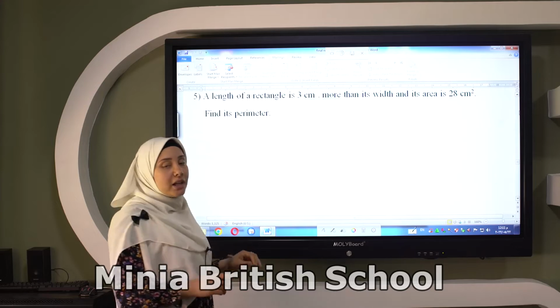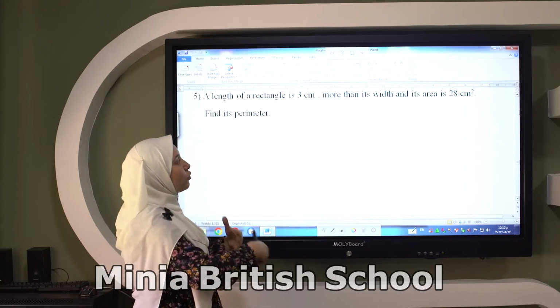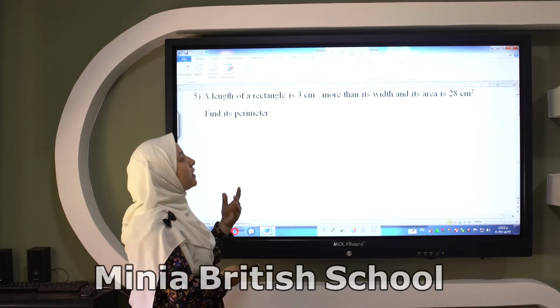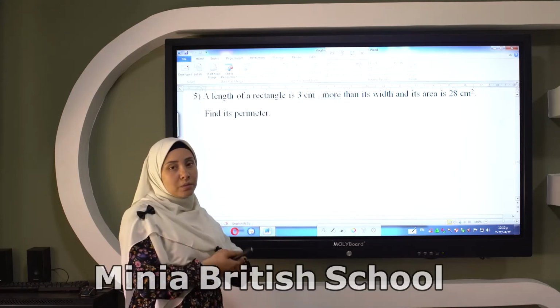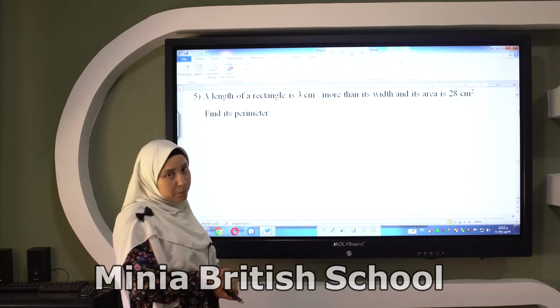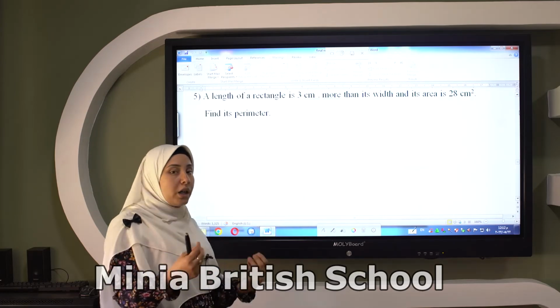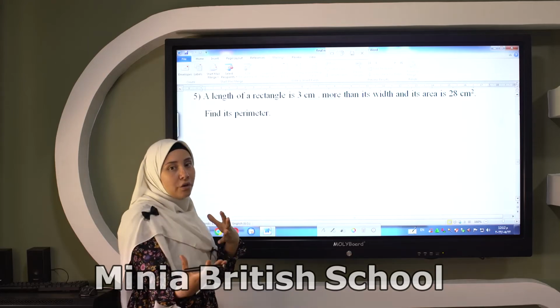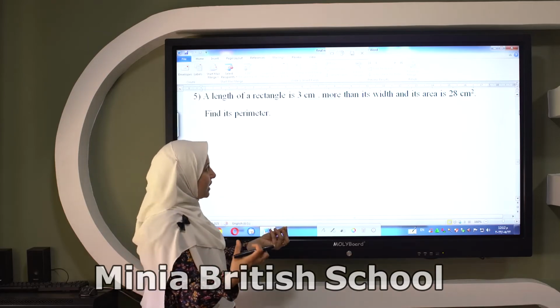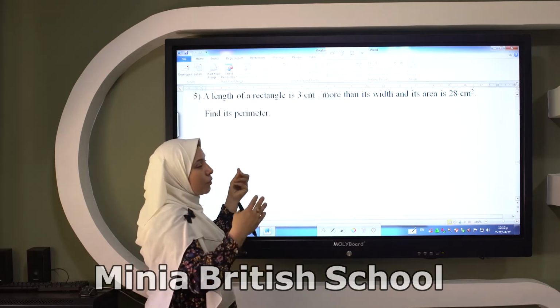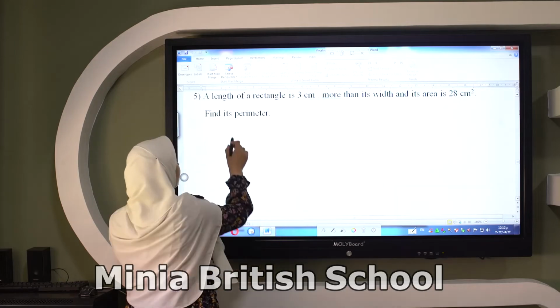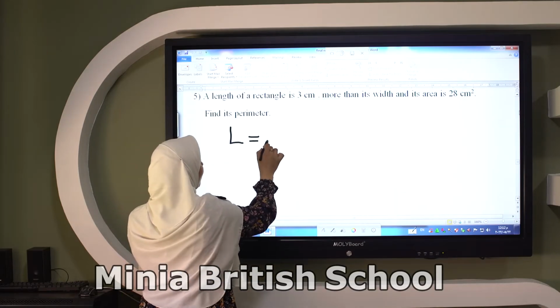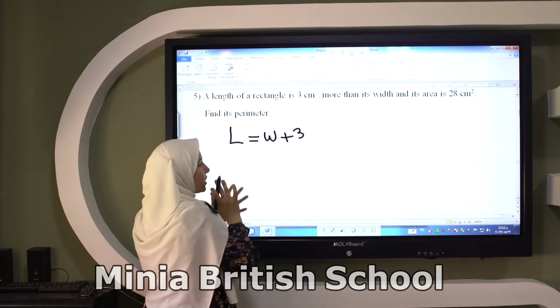The length of a rectangle is 3 centimeters more than its width and its area is 28 square centimeters. Find its perimeter. Here the length and width of the rectangle: the length is more than the width, so length equals width plus 3. This is the first equation.